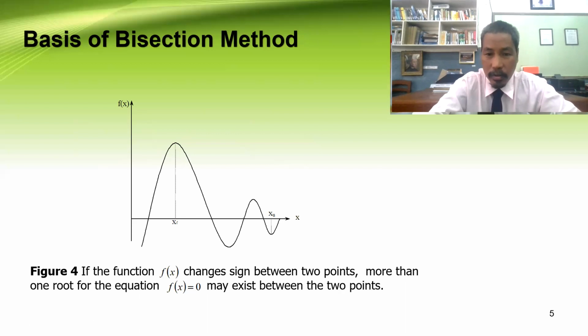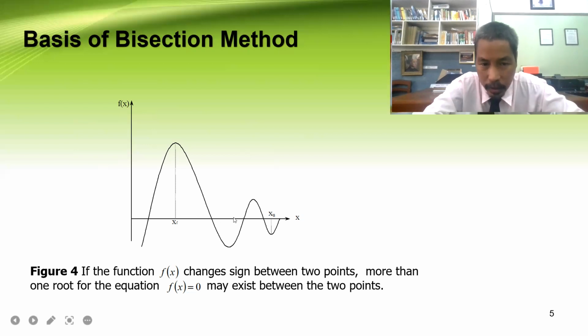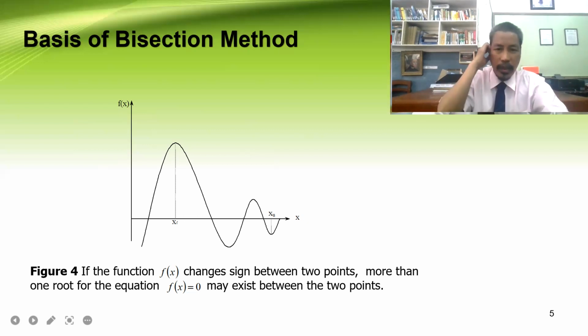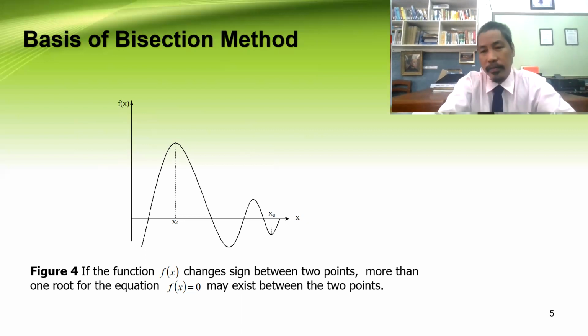What can we conclude? The function has more than one root. If you count between XL and XU, you can say 1, 2, 3. There are 3 roots.